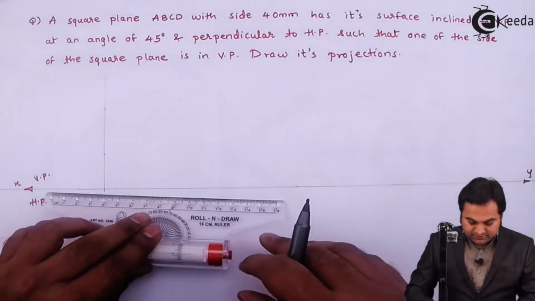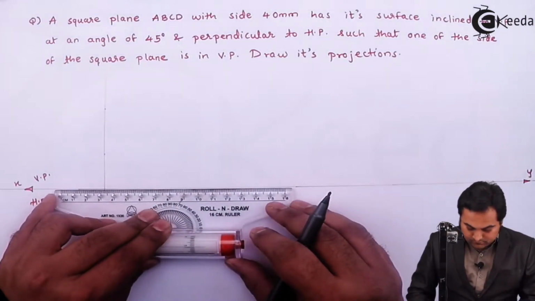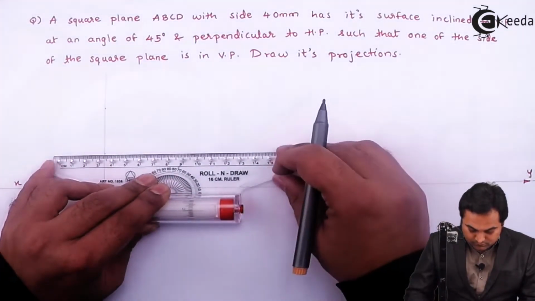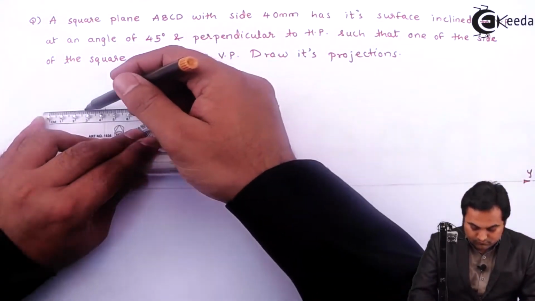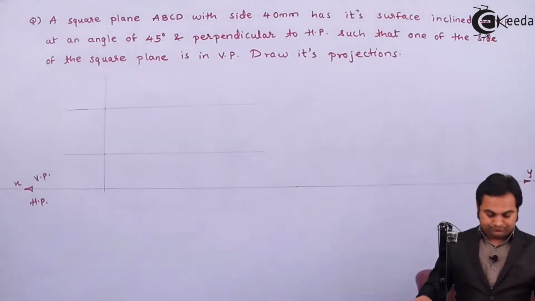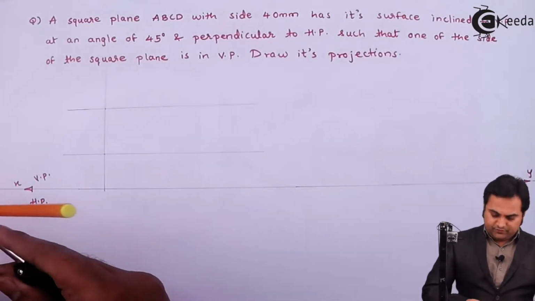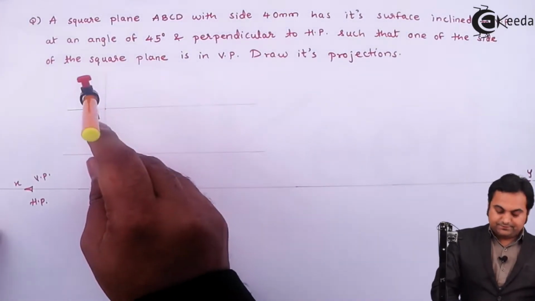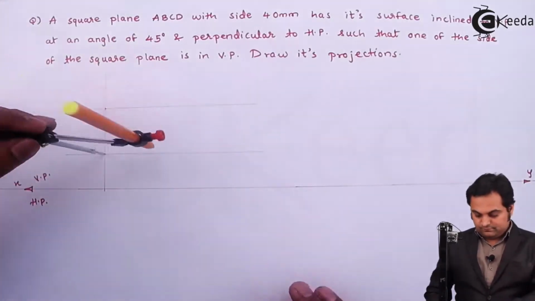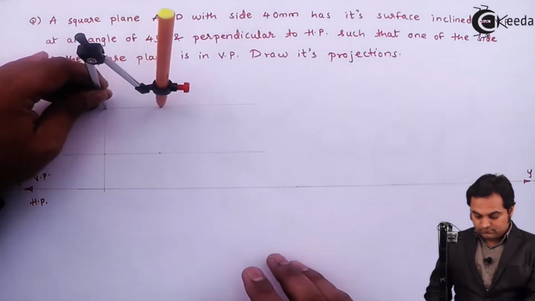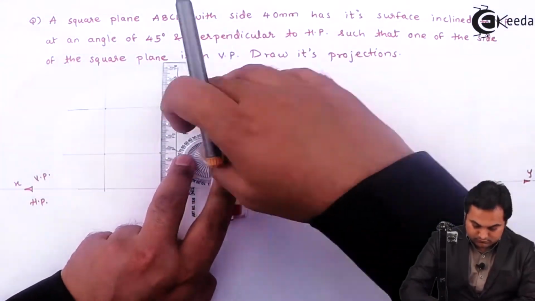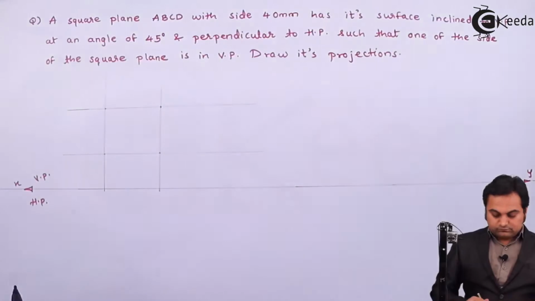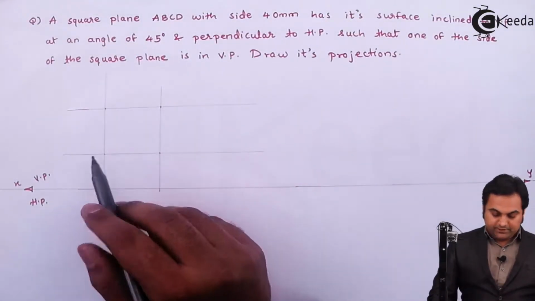Next, taking this same 40 mm distance in the compass, so here is the square plane.